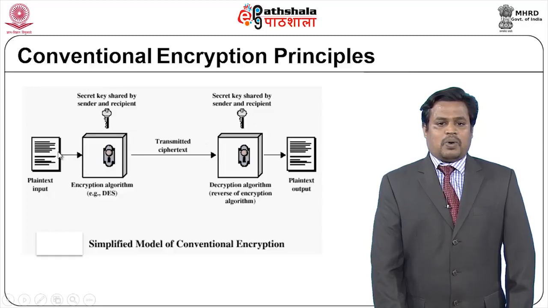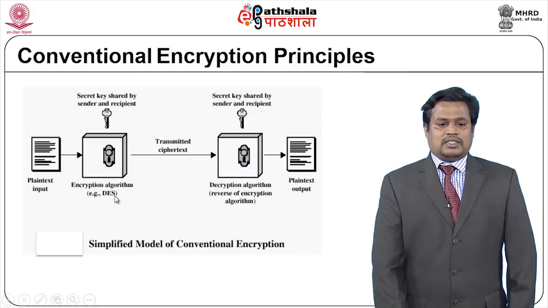When a person wants to send secret information, first he takes the plain text and sends it to the encryption algorithm, as we already discussed in the earlier lectures. Here the example is DES, the Data Encryption Standard, one of the modern cryptographic algorithms, which uses the shared secret key between sender and receiver.